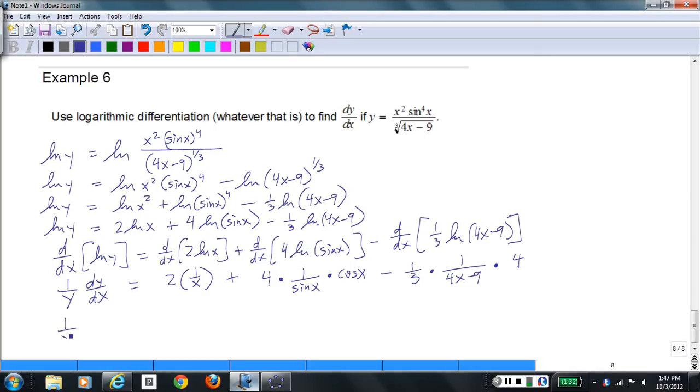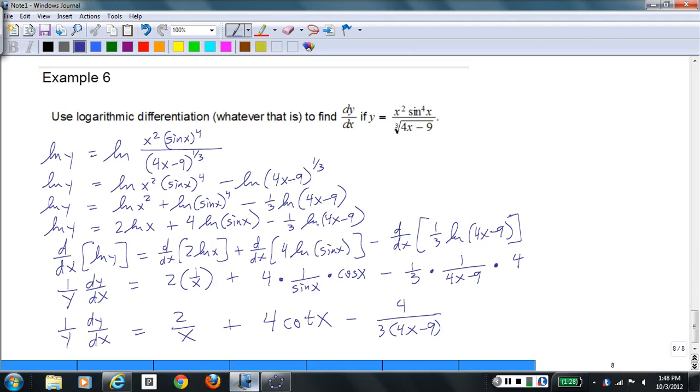So, actually a couple more steps. 1 over y dy/dx equals 2 over x plus, I'm going to call it, 4 cotangent x, minus 4 over 3 times the quantity 4x minus 9. I want to do two things.